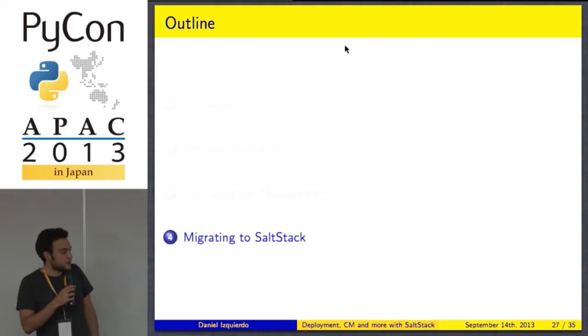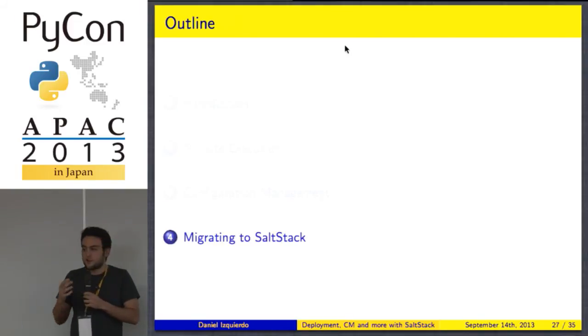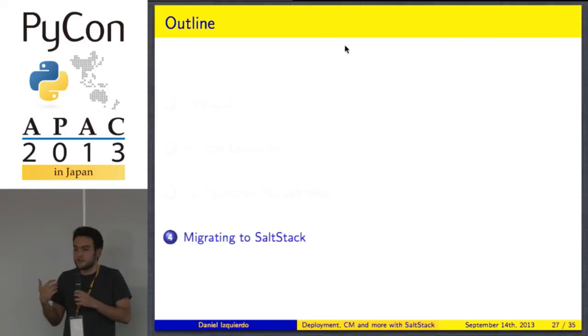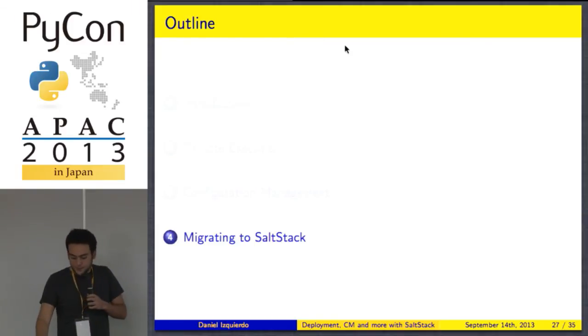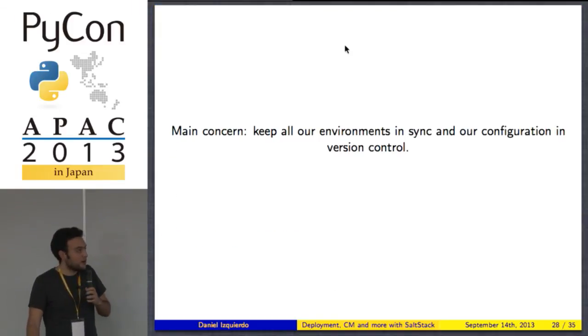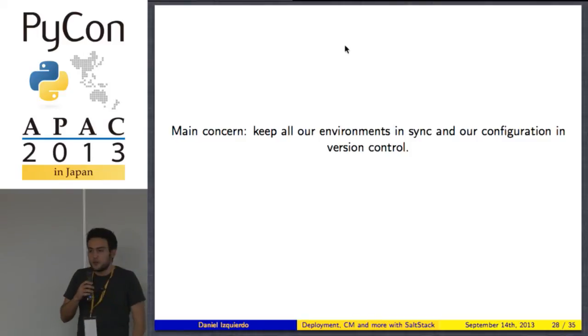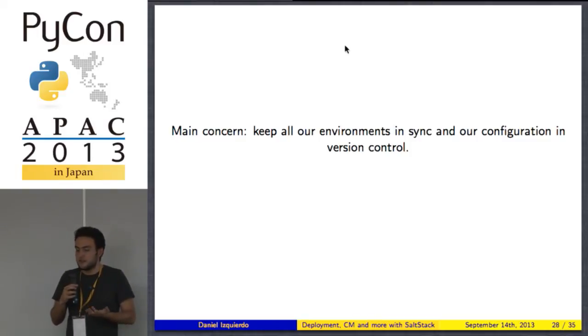Okay, so now I'll talk a bit about our process migrating to SaltStack. Basically, we weren't using any configuration management or remote execution tool. Well, we were using Fabric before starting to use SaltStack, but we didn't have any configuration management tool. So our main concern when we decided to use Salt was that we needed to keep all our environments in sync.